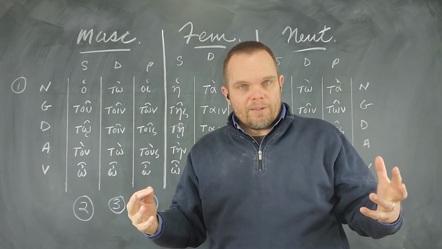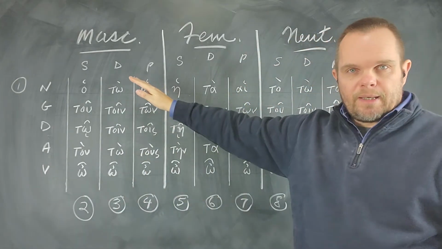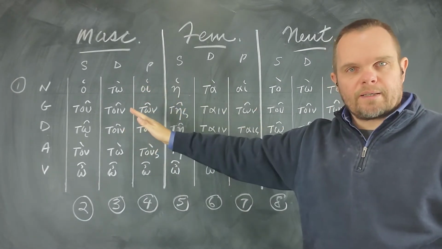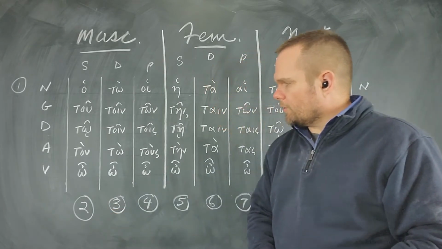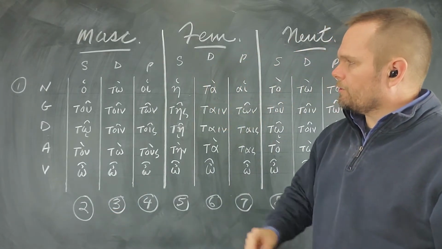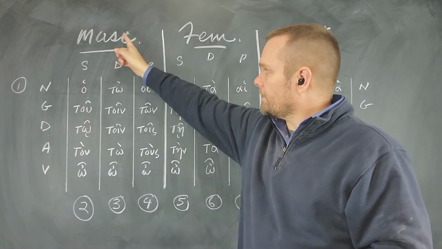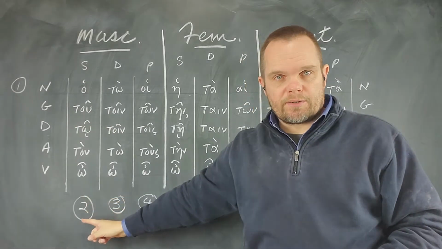Once you have that mastered, once you're very comfortable with that, you can easily pass those quizzes 100% automatic. Then we move on to step two. For step two, what you should memorize is the declension of the masculine singular going down the column, each case. Okay?